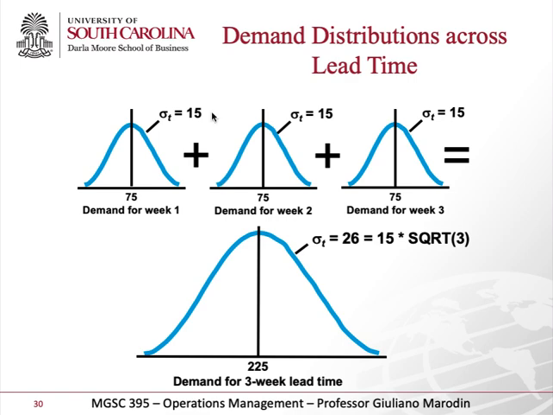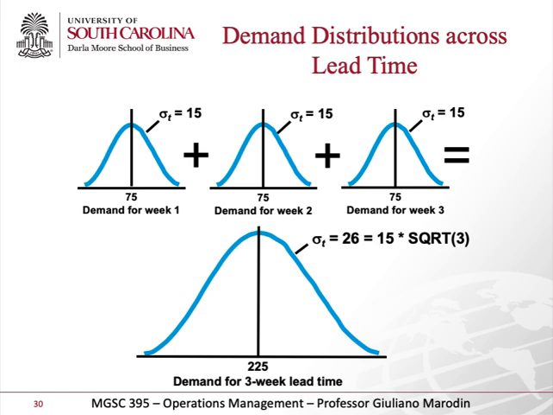Just to understand why we need the square root, this is what this slide is talking about. If I want an average of 1 week, it is 75. If I want an average of 3 weeks, it is just multiplying 75 by 3, and then the average will be 225, right? If the standard deviation is not like that, you can't say that the standard deviation of 3 weeks is 3 times the standard deviation of 1 week.